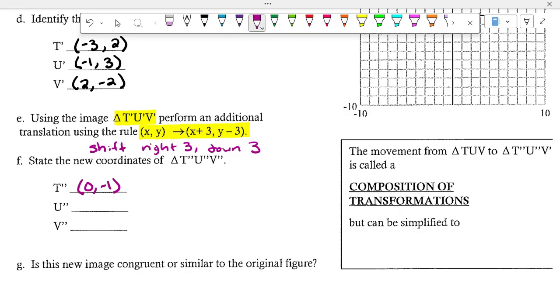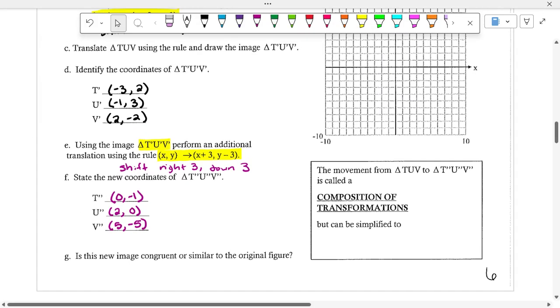What's U prime? 2, 0. Good. V prime or V double prime, sorry. +5, -5. Good. Now, here's my question.